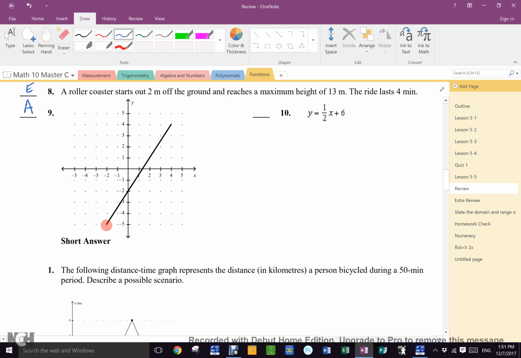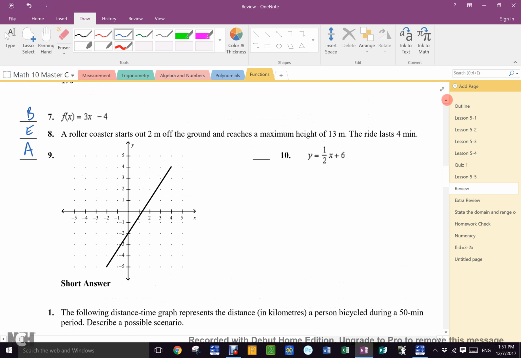Because, of course, you can quite plainly see the line gets to -2. There is no open dot there. And number 10 is B, because you can take any number in the entire universe, cut it in half, and add 6 to it. That's out of 4.